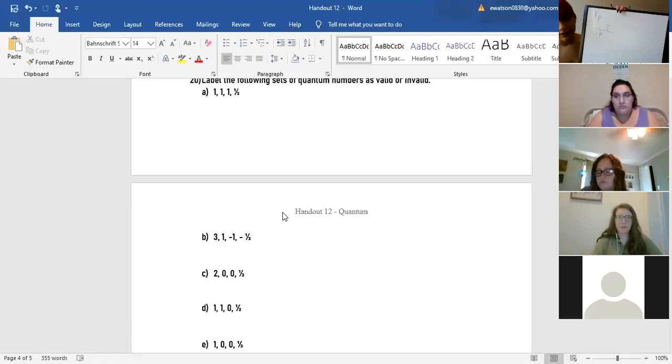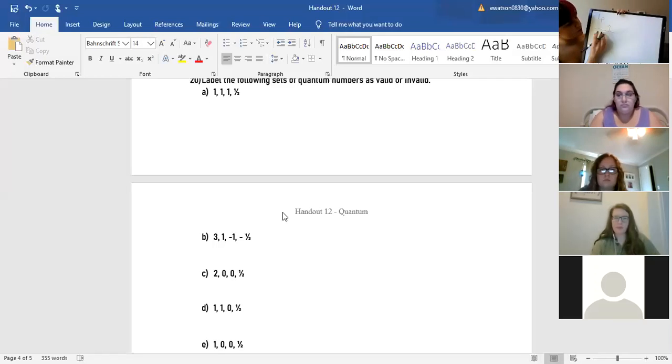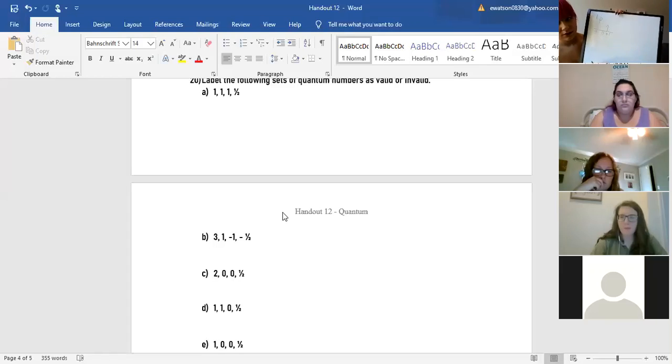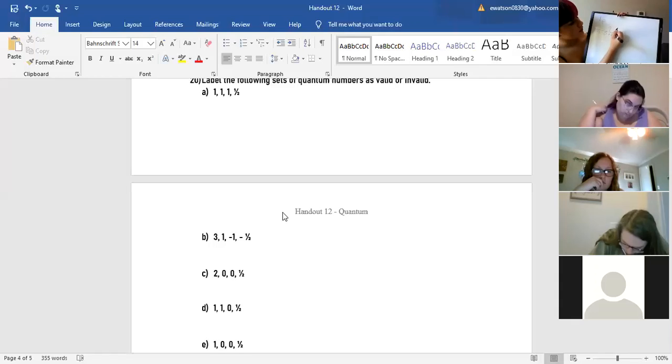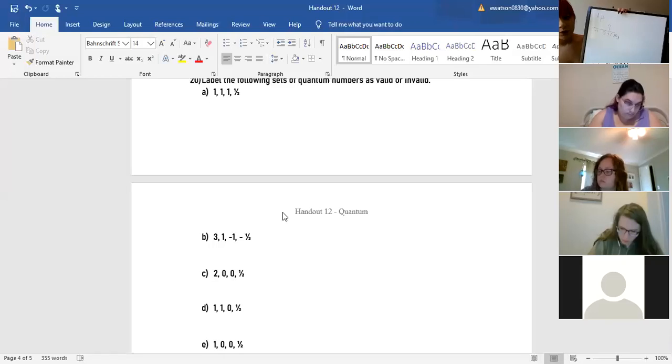Is this valid? I don't really understand why it's to the right now. It's because when we have this, we're going to have 0, +1, and -1. That's going to be for your M sub L. So is this valid?